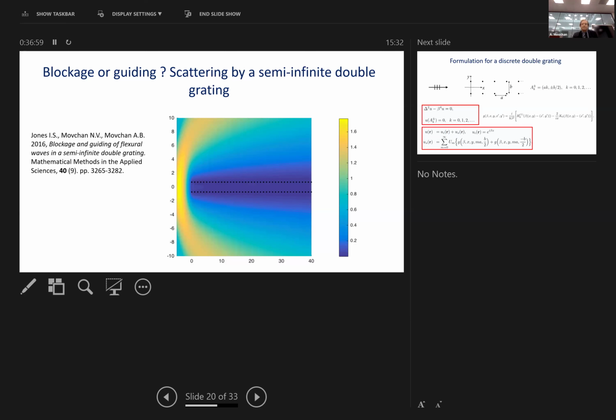Very simple question. So now in this plate, I just make two semi-infinite rows, and I send the wave, and I want to know if this semi-infinite channel will absorb some of the wave or will simply stop it, and nothing will propagate inside.